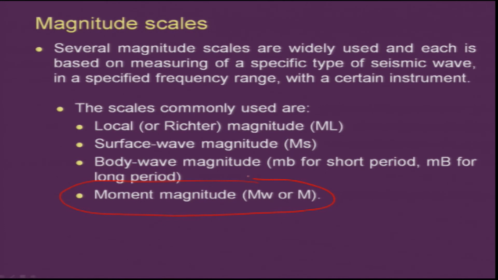But to some extent people still use the Richter magnitude, though it is very effective only up to 100 kilometers. That is, if the earthquake occurs within 100 kilometers of where the seismograph is located, then this is more effective; otherwise it will not be as effective as the other scales.